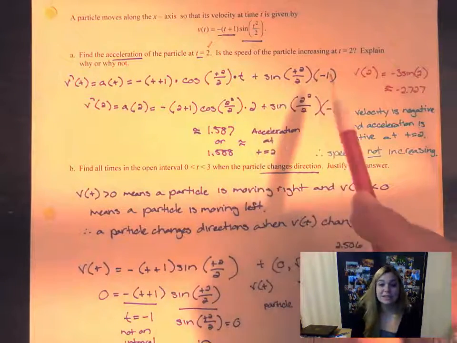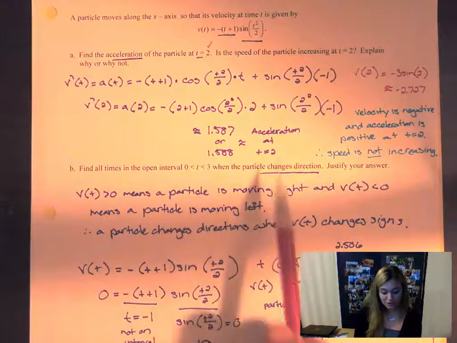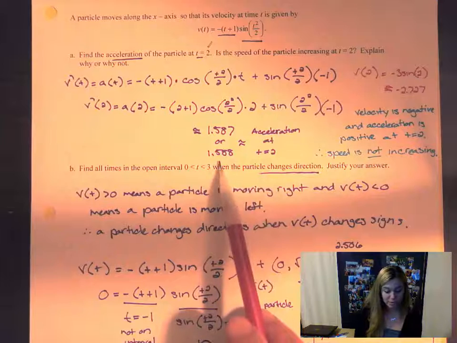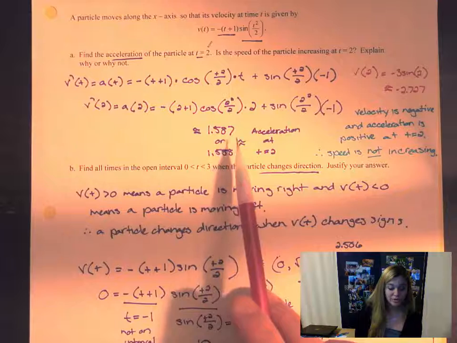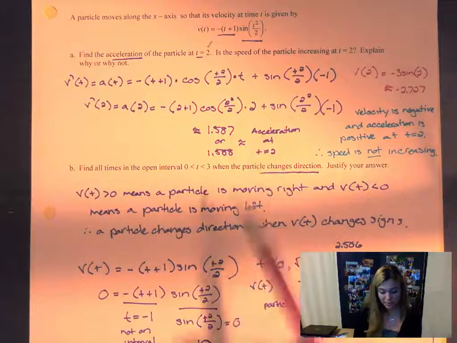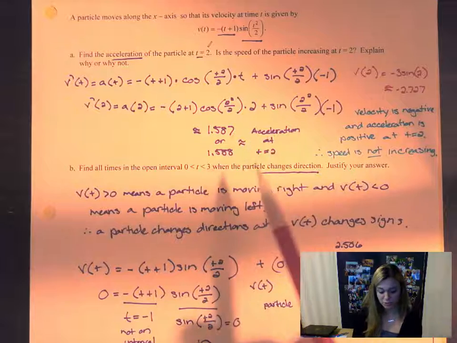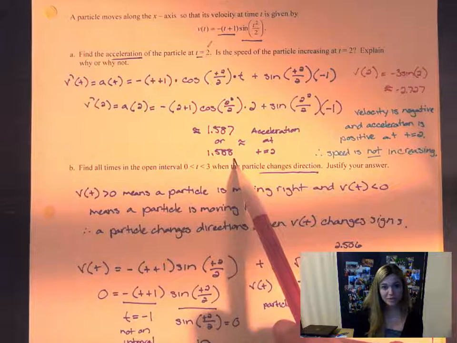Speed is increasing when velocity and acceleration have the same signs. We know that acceleration at t equals 2 is approximately 1.588 or 1.587, depending on whether you truncated or rounded. Both answers are acceptable. You don't have to write both, by the way. Just choose one. We know that acceleration is positive. What we need to know is velocity.